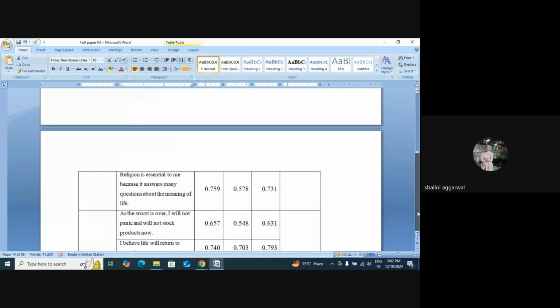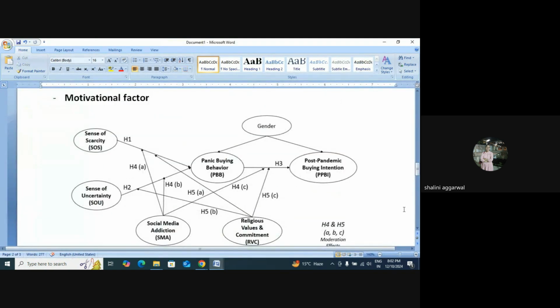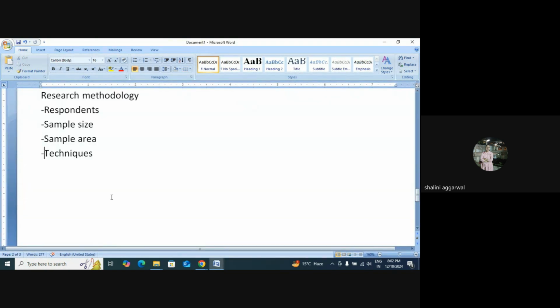So next is the data analysis part, right? This is the research methodology part. After the research methodology part comes the data analysis and interpretation. Here you apply certain tools and techniques and give your results.